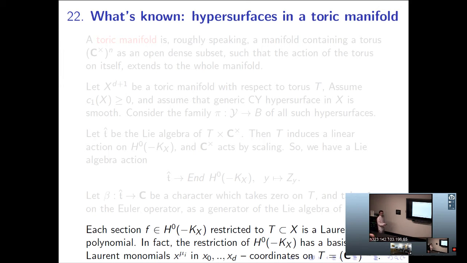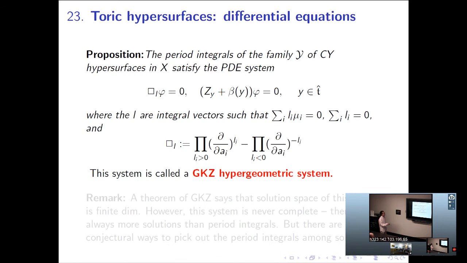Okay, but there's no choice involved. I mean, on P2, it's clear. And in each case you have a canonical choice for the anticanonical divisor, and that's what he's taking. So basically, a meromorphic section of it. Yeah, you just take the union of all the torus prime divisors, and this is your choice of it. So basically, this comes from an ideal of the embedding of P2 into a bigger projective space given by the line bundle.